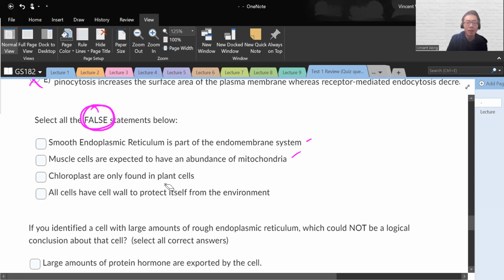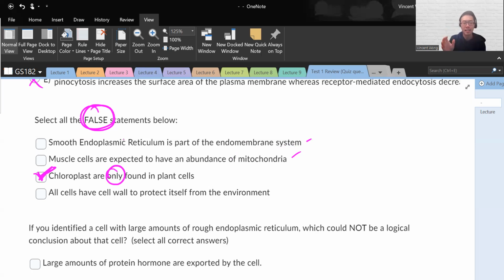Chloroplasts are only found in plant cells. I think many people thought this was true, but actually this is not true. This is false, so I'm going to check it because I'm looking for the false one. The problem is, only in lecture, you can check the recording, I said chloroplasts are found in plant cells, not in animal cells.